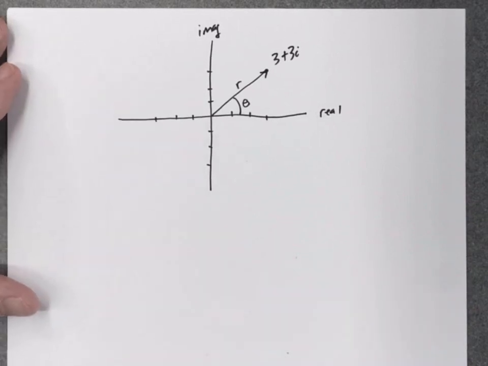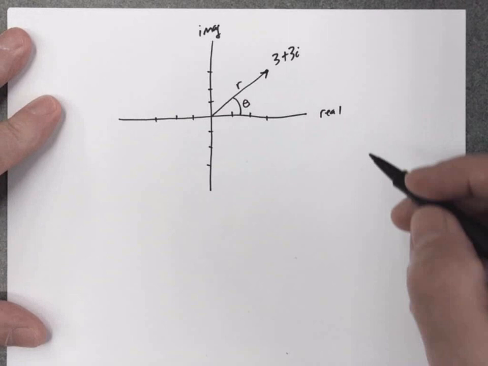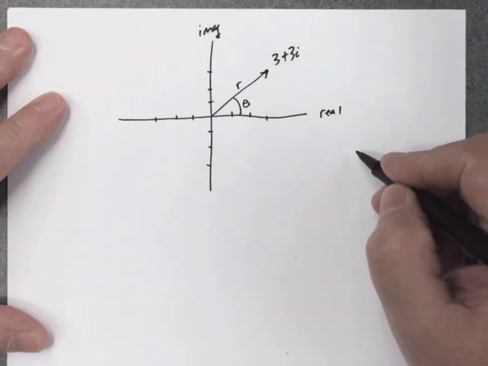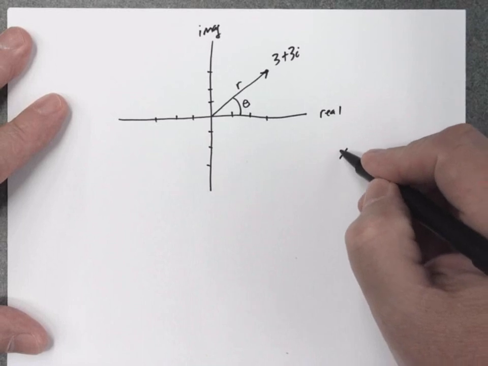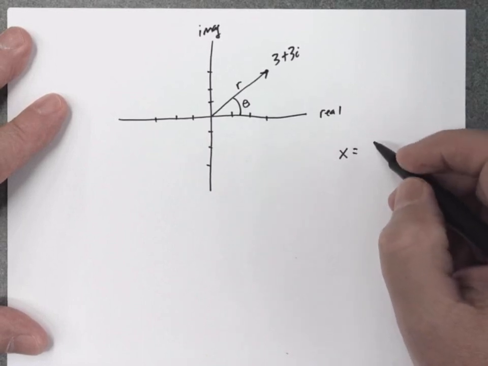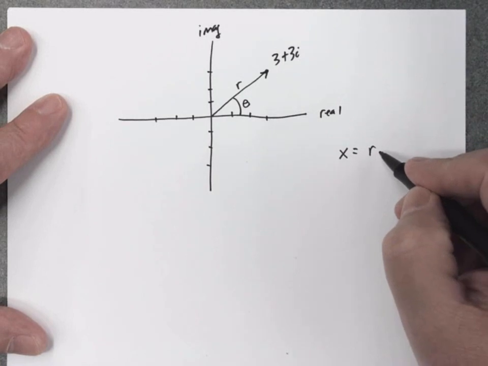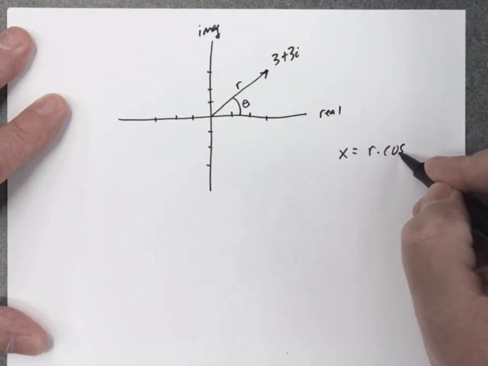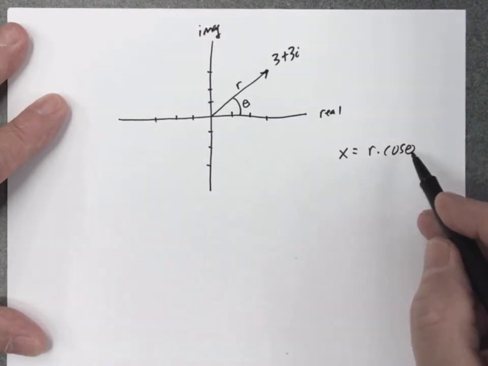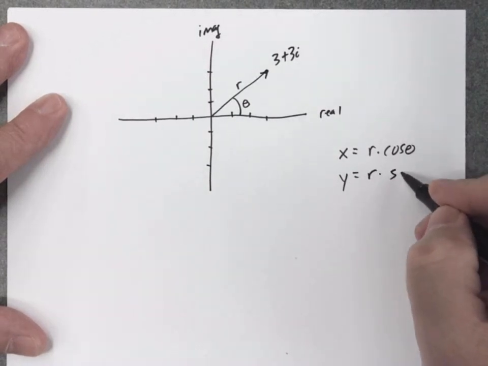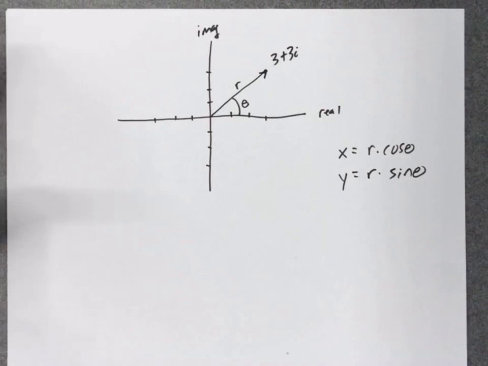And if you recall, we went back and forth between rectangular and polar coordinates. Two of the little formulas we came up with is that x in rectangular coordinates is r times cosine theta, and y is r times sine theta.